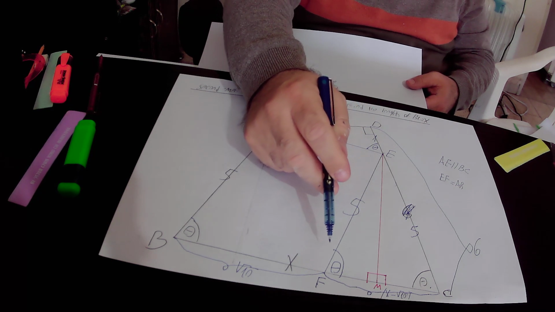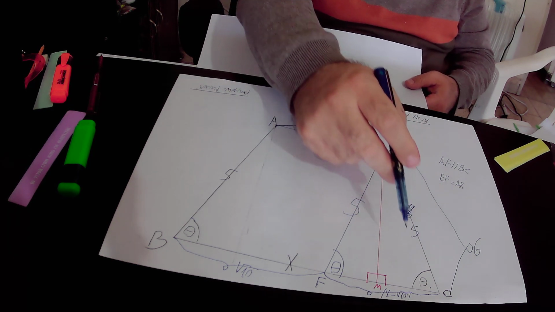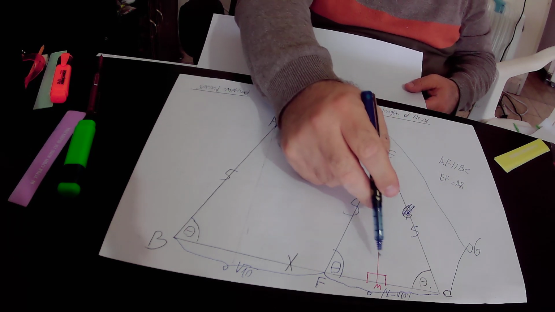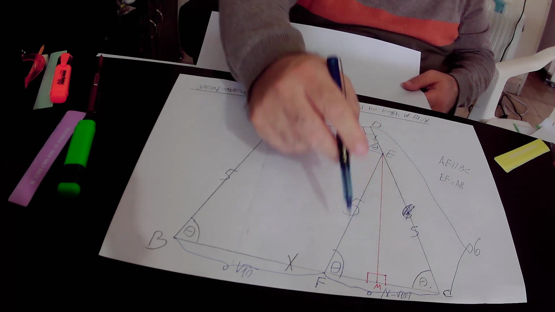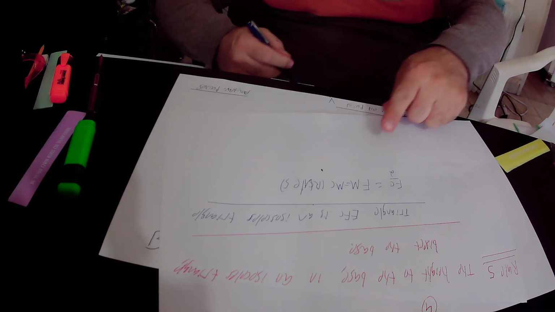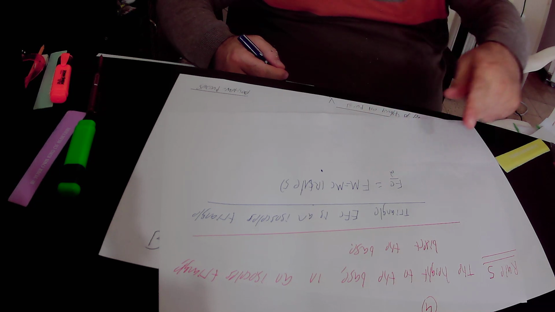That is to say, FC over 2 will be equal to MC, and also to FM. So FC over 2 equals FM equals MC.